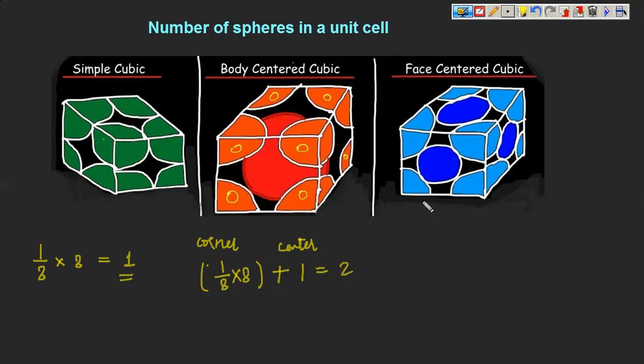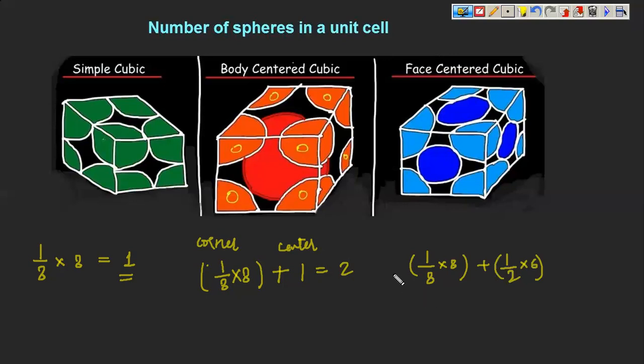In the same way, a face-centered unit cell has particles at corners, and since there are 8 corners, we have to multiply by 8. 1 upon 8 into 8 is equal to 1, plus each face has one particle, and the contribution of the face particle, as we have already studied, is 1 upon 2, because it is shared by two different unit cells, and the number of faces in the unit cell is 6.